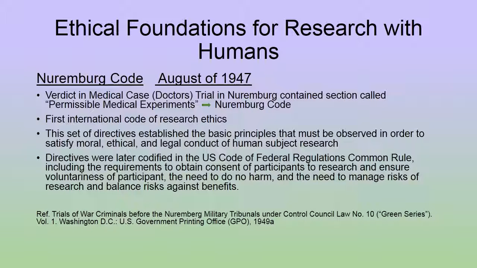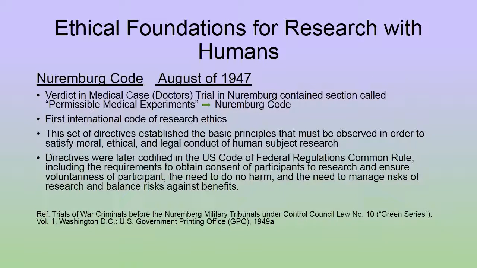The Nuremberg Code was the first international code of research ethics, published in August of 1947. The code came as a result of the Nuremberg war crime trials of Nazi physicians who performed brutal and cruel medical experiments on concentration camp inmates. The elements of the code were later incorporated into the U.S. Code of Federal Regulations.